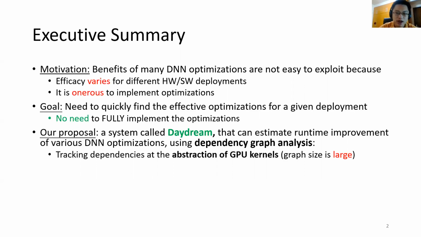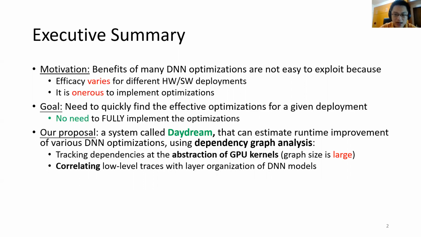First, it needs to track dependencies at the abstraction of GPU kernels and properly construct a graph with thousands of nodes. Second, it needs to correlate the low-level kernel traces with the high-level layers of DNN models. And third, it should enable machine learning programmers to easily model a very diverse set of DNN optimizations.